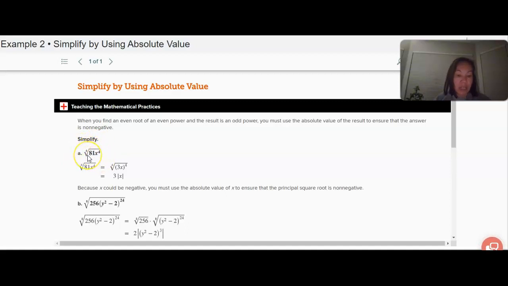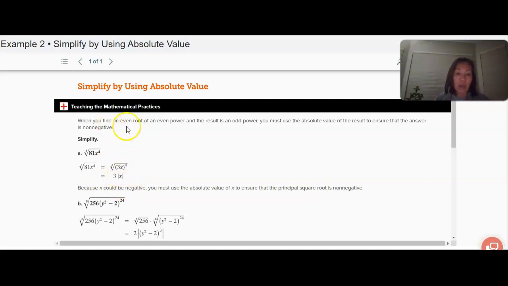This should be a positive value, but when I take the fourth root of this, the fourth root of 81 is 3, because 3 times 3 times 3 times 3 is 81. X to the fourth, the fourth root of that would just be x.